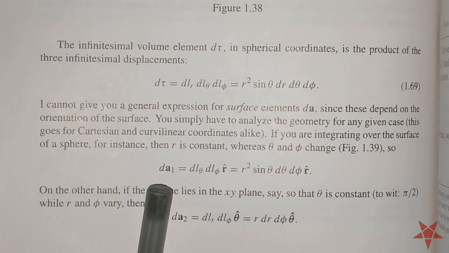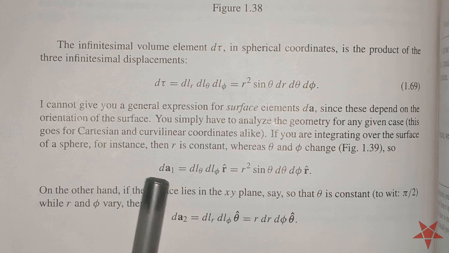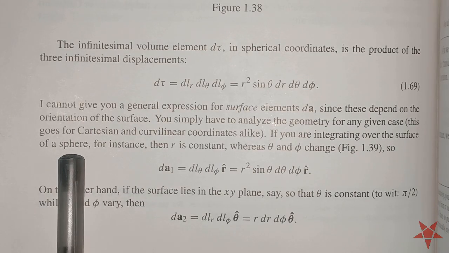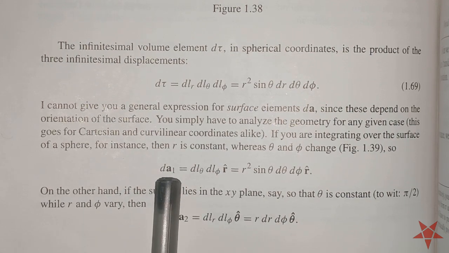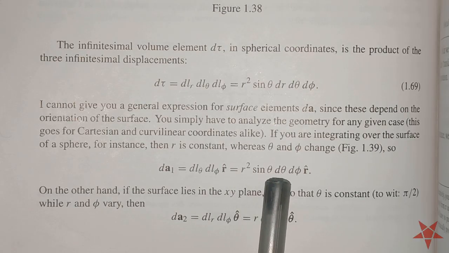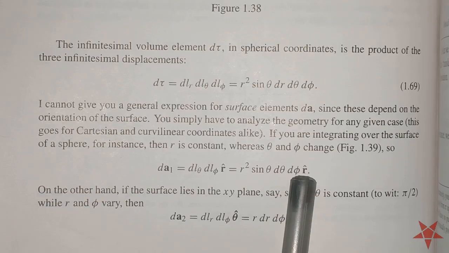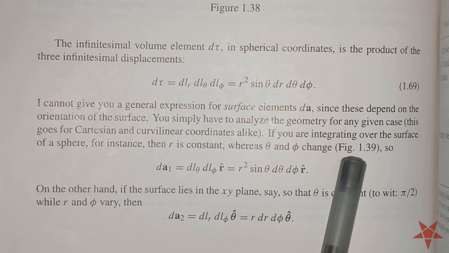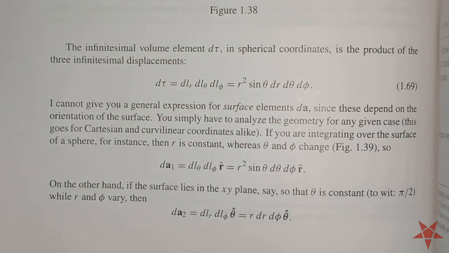All right, so here on page 40, it is stated that for the purposes of integrating over the surface of a sphere, our dA is equivalent to r squared sine theta d theta d phi multiplied times the unit vector pointing radially away from the sphere, and also illustration 1.39 is shown on the opposite page.